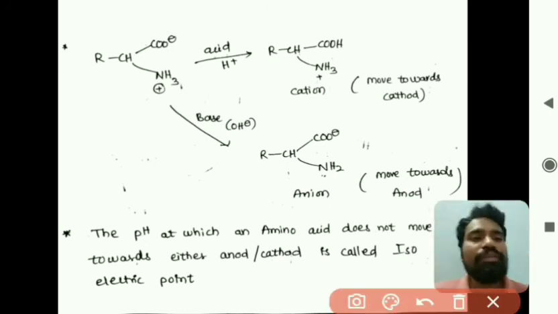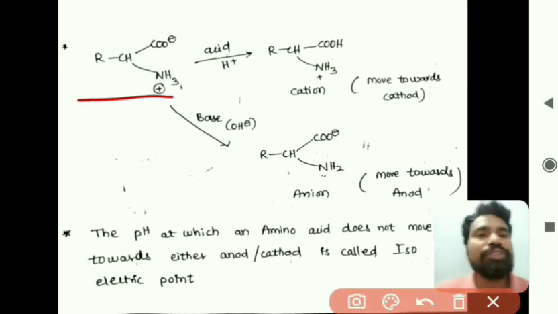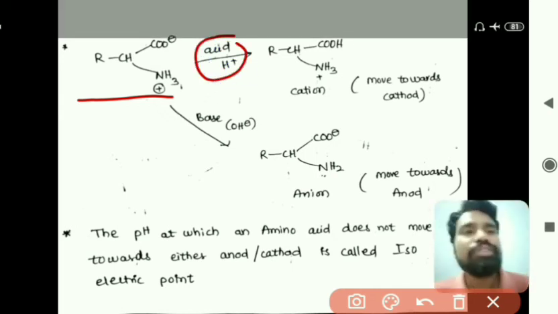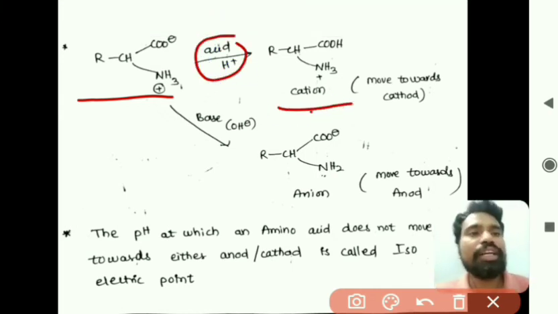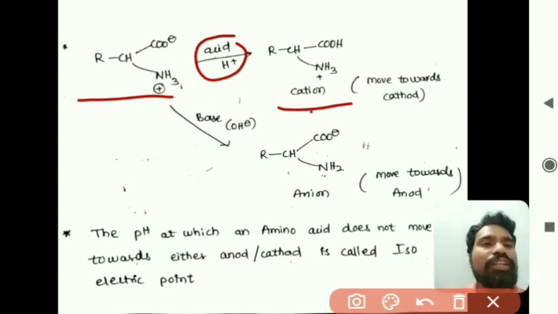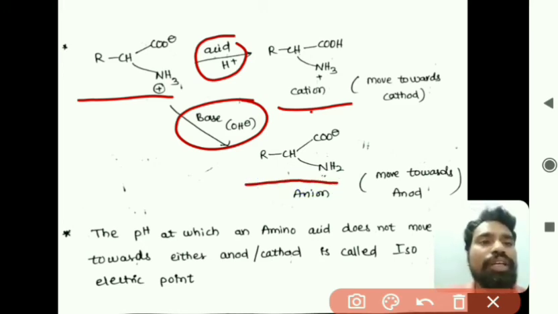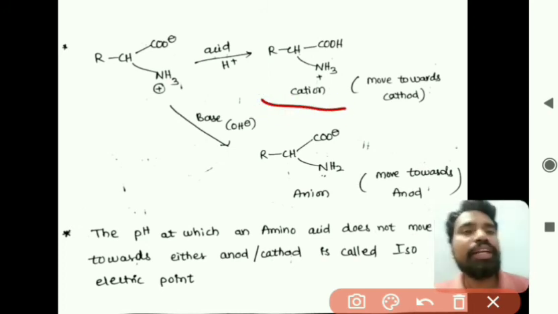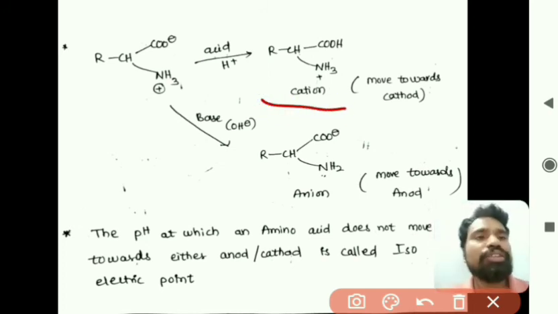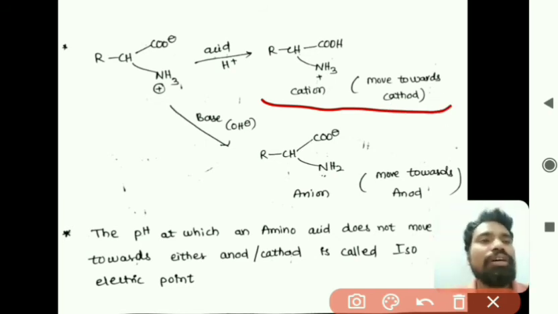So just observe here. As we know, this is a zwitterionic form of an alpha amino acid. In the acidic medium, it is in the cationic form. In the basic medium, the base will take the H plus from the NH3 plus, so that NH2 will be there, then automatically it is in the anionic form, right. When a cationic group is there in the electrolysis process, it moves towards the cathode.